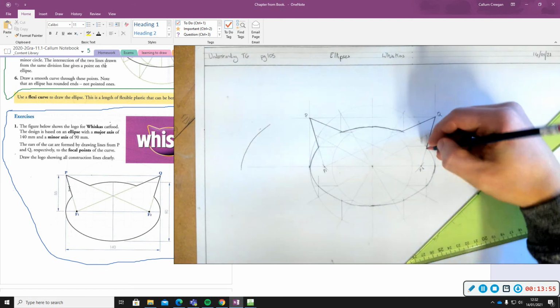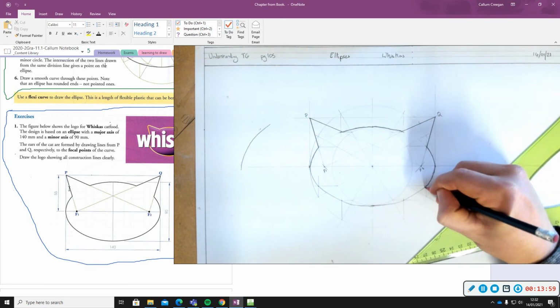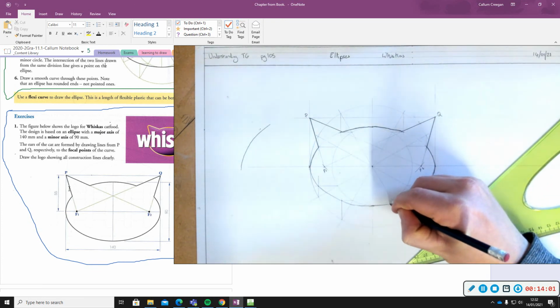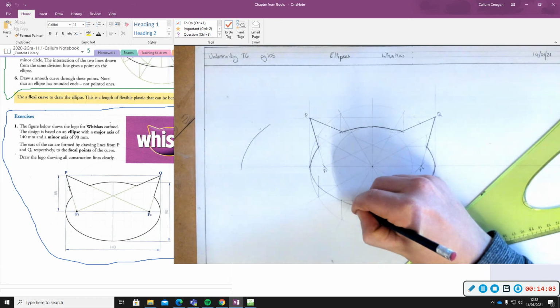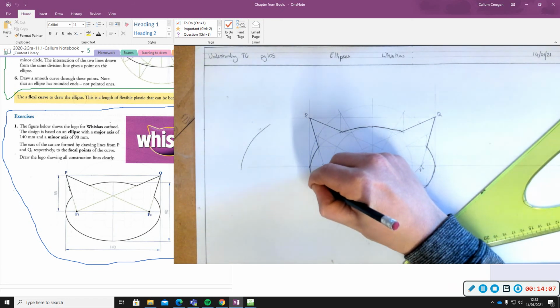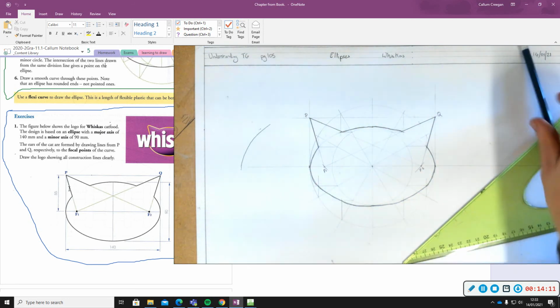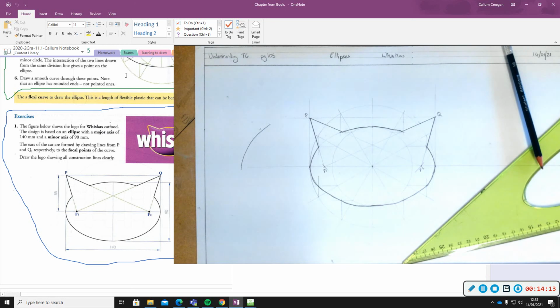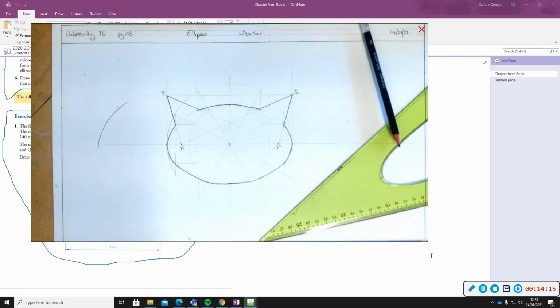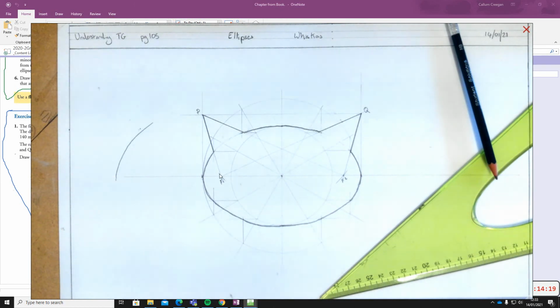As I go over this, make it a bit more presentable. I'm only doing this now because I know where the line is. If you're able to do it, by all means go for it. If you're not able to do it, go back to your sketching method like that. Alright, and that is our ellipse question. Like that, and you can see my F1, F2 there, my focal points, and all of that.